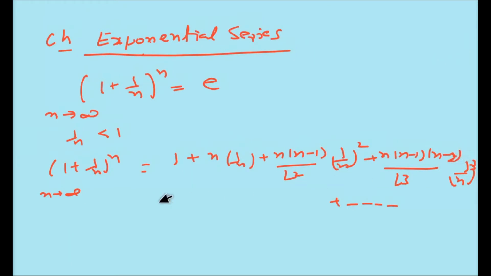So students, now we are taking the limit. First we cancel out this n. This n squared can be cancelled by taking n common here. So we can write 1 plus n times n(1 - 1/n)/factorial 2 times 1/n squared, and this n squared will be cancelled.